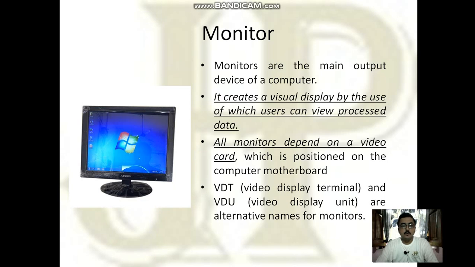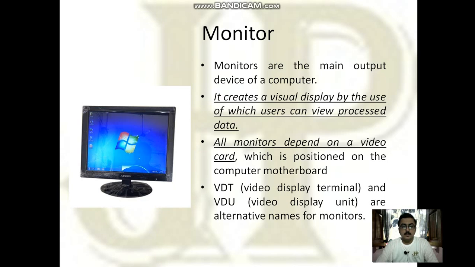As we know, monitors are the main output device of a computer. The computer uses a monitor to present the processed data to the user. It creates a visual display by which the user can view processed data.